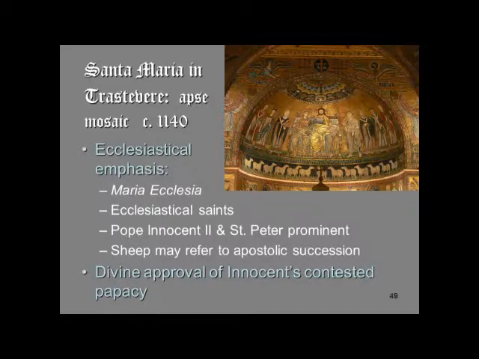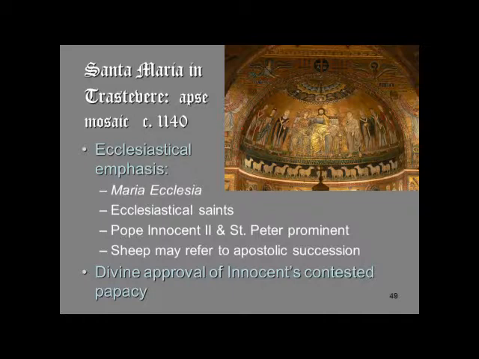Let's just say there were further adventures, but eventually his rival, Anacletus II, died in 1138, leaving Innocent the pope. And then he's uncontested. So this is probably the reason for this mosaic being represented with the particular iconography that it has.